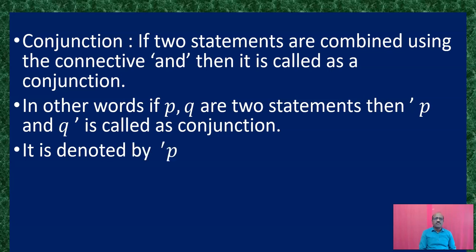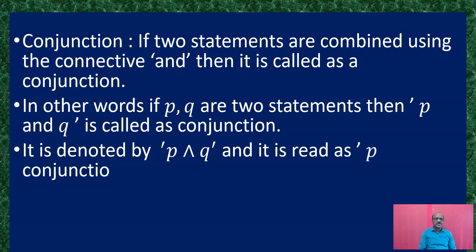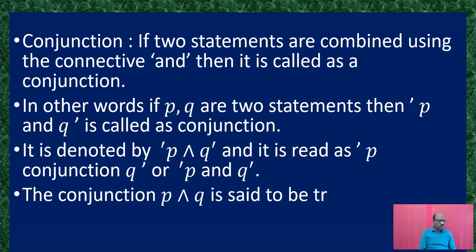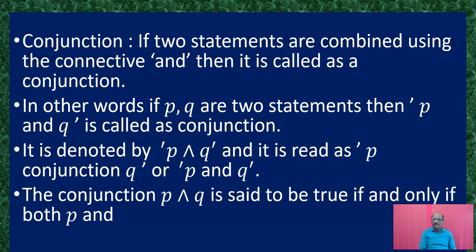It is denoted by P ∧ Q and is read as P conjunction Q or P and Q. The conjunction P ∧ Q is said to be true if and only if both P and Q are true, otherwise false.